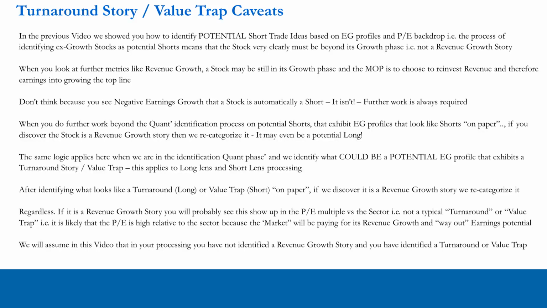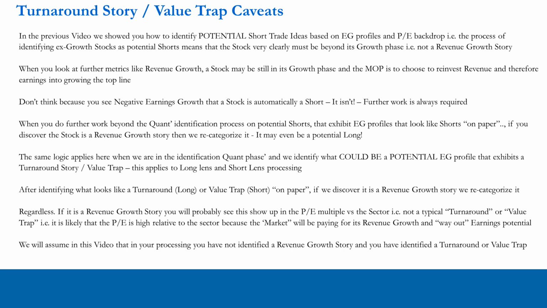And if we bump into those at any time during our processing, we recategorize as a revenue story. So for the purposes of this video, we're going to assume that in your quant processing, you have not identified a revenue growth story here. And what you have identified is actually a turnaround or value trap.